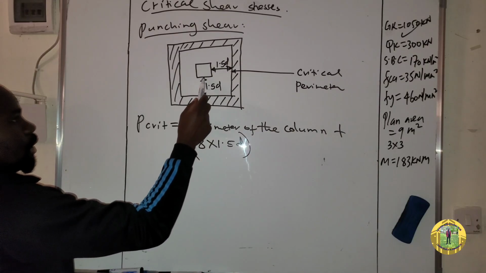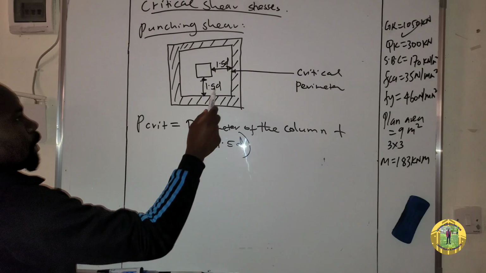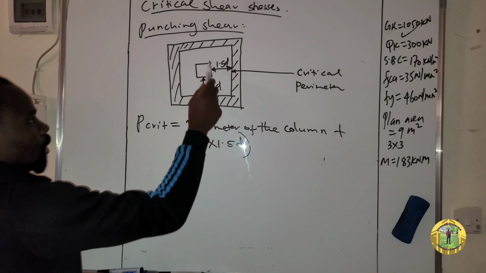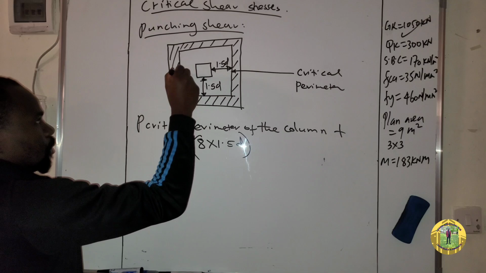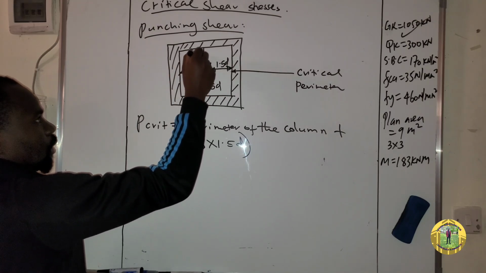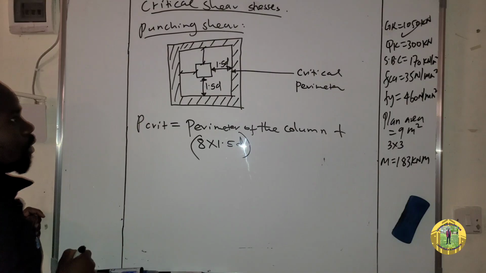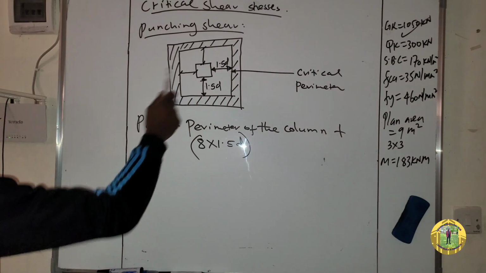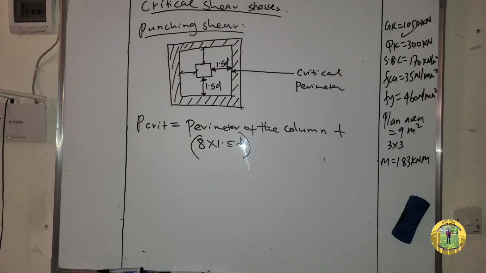Because this distance is the same all around this column. So it is the same here, it is the same here. So 1, 2, 3, 4 times the other side, that is 8.